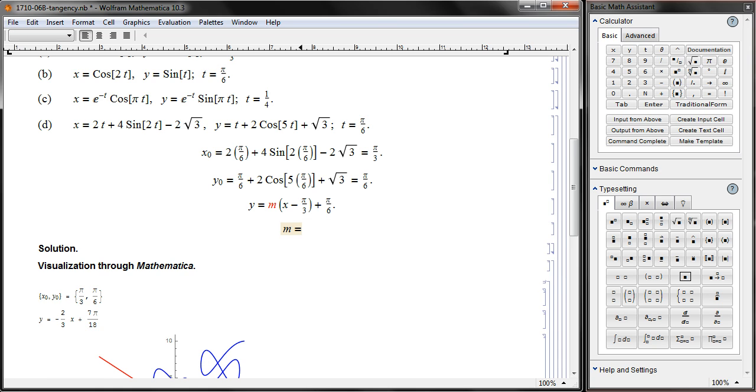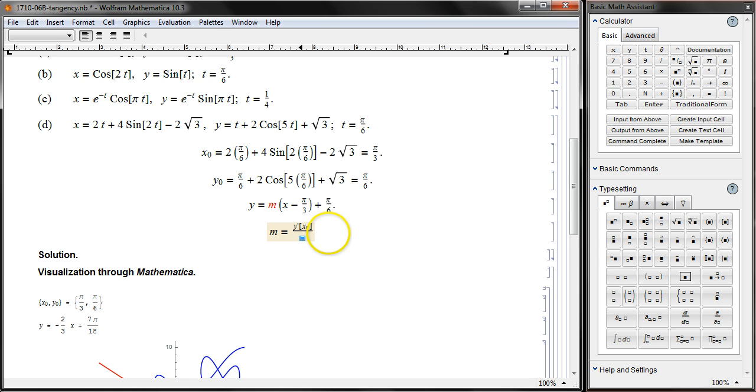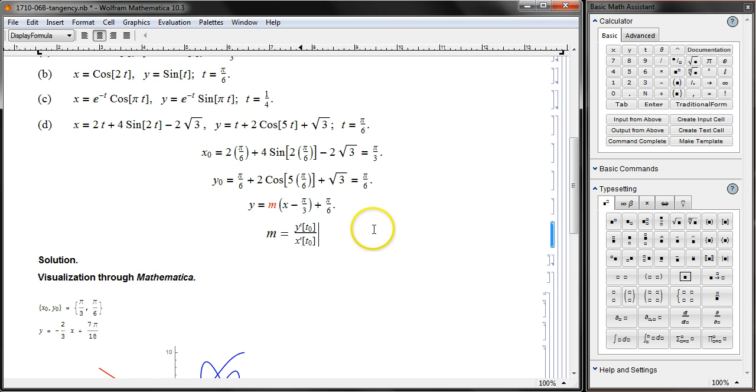M is equal to y prime of t naught over x prime of t naught. This is the slope formula. So let's find the derivative of y and derivative of x, and get it done.